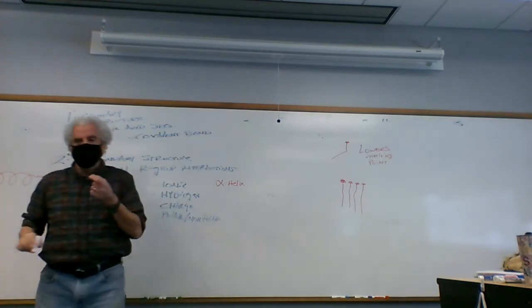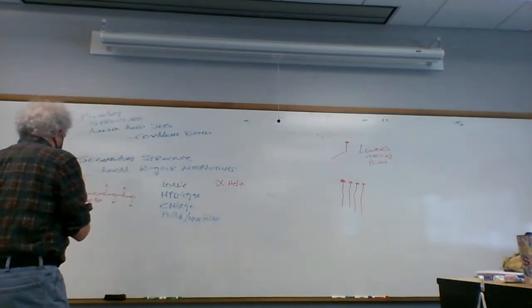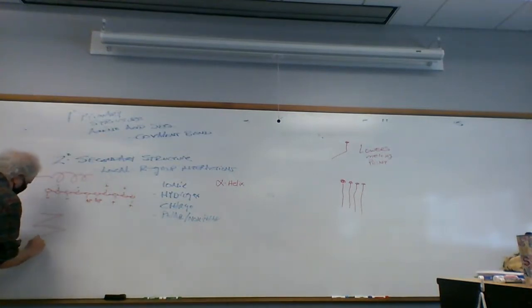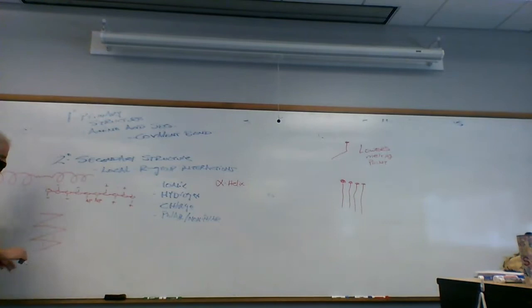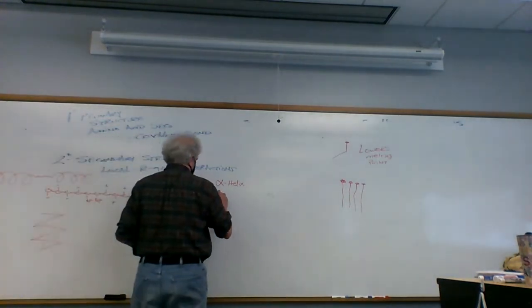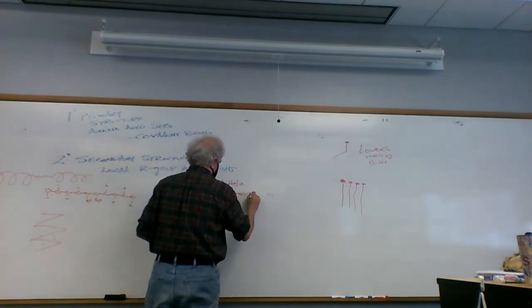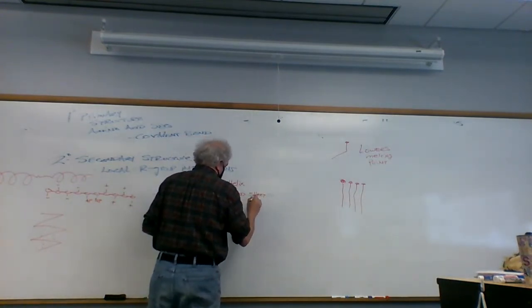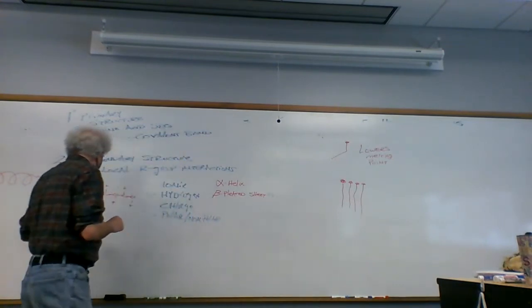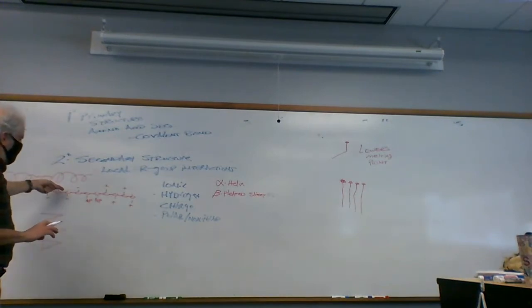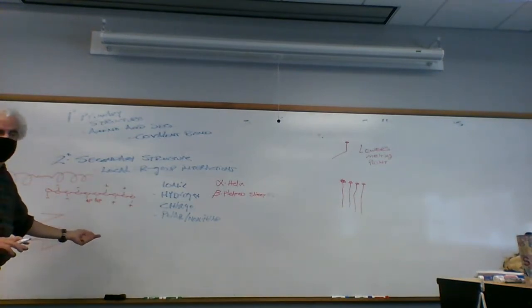Another standard secondary structure is a zigzag in which approximately every fifth amino acid can hydrogen bond with the guy above it. And you make this structure that's known as the beta pleated sheet. Now if we look at the interactions that hold these together, we've got charge interactions and hydrogen bonds.